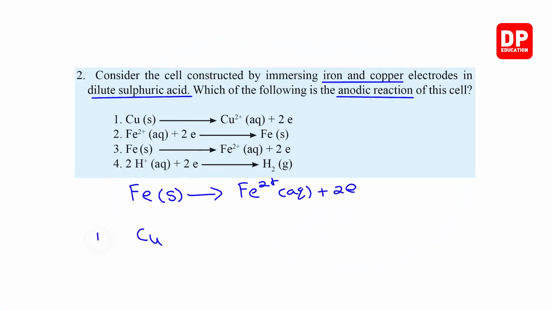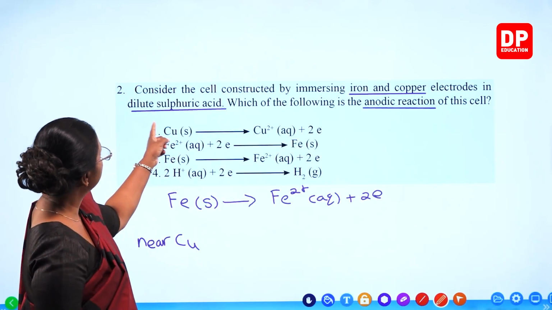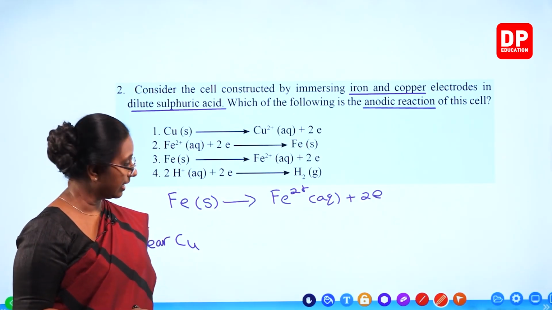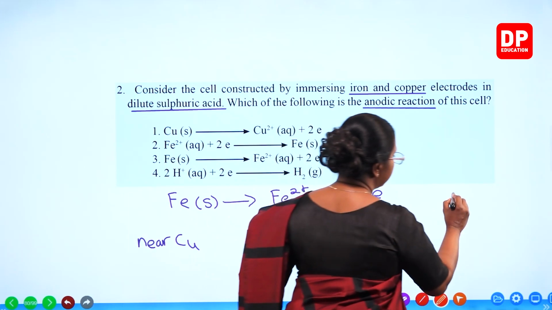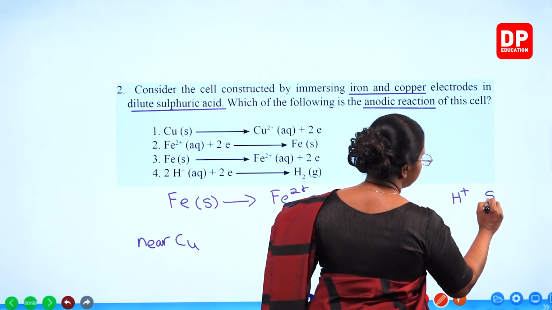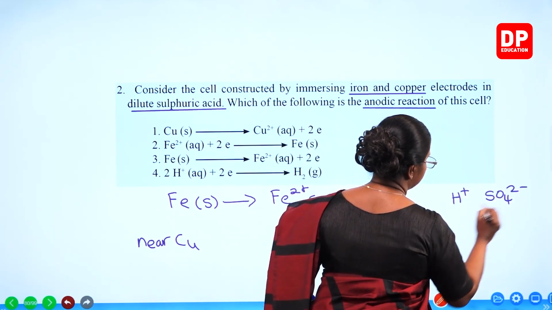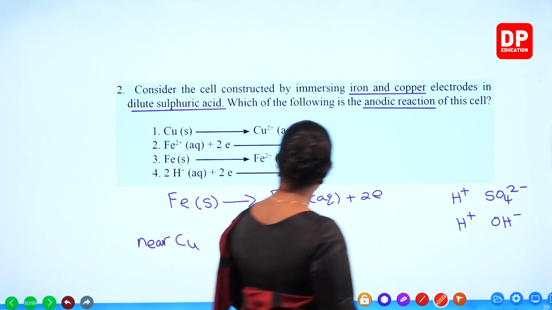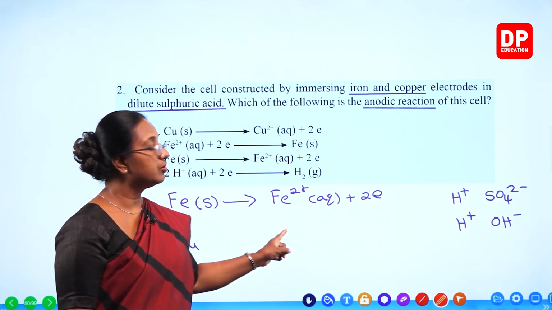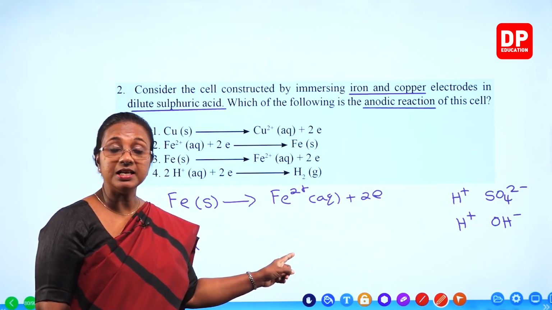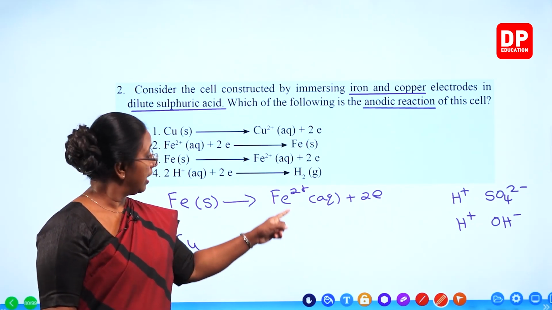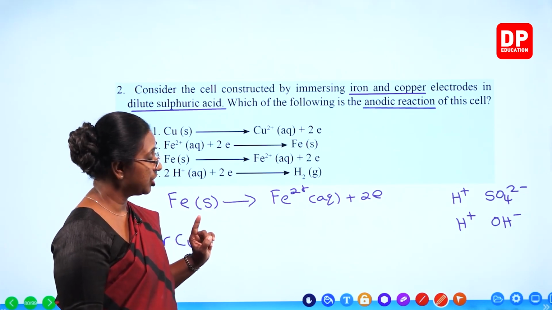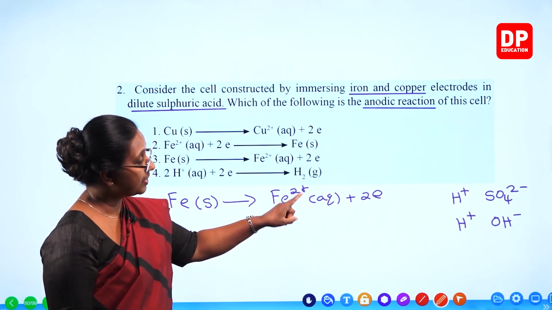At the same time, near copper, what will happen? When we have dilute sulfuric acid, what are the ions present? Again, H plus, SO4 2 minus, then H plus, OH minus. When iron undergoes oxidation, it becomes the negative electrode and oxidation takes place there.